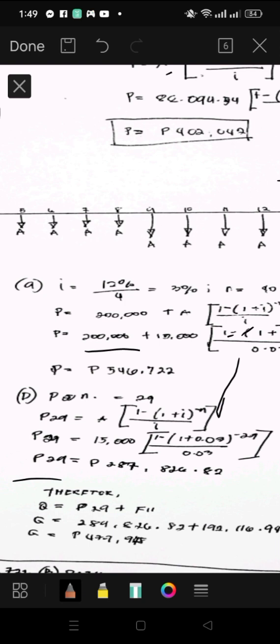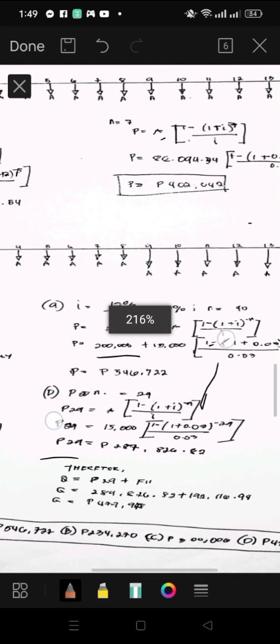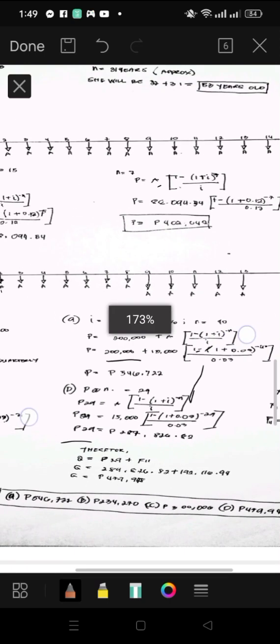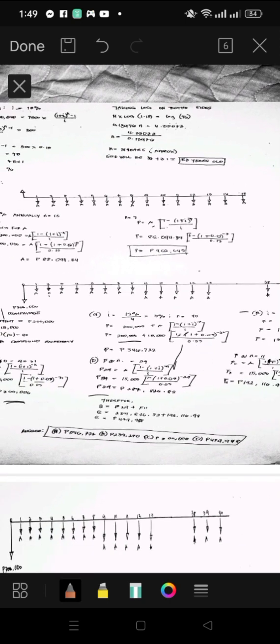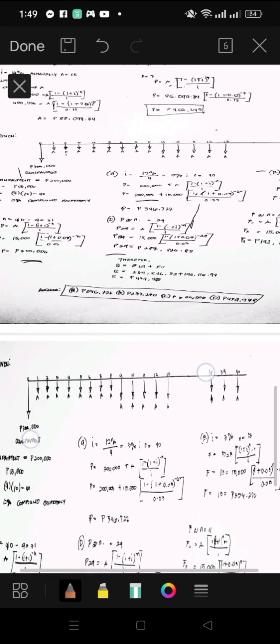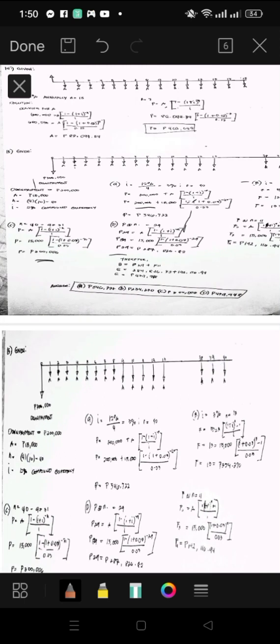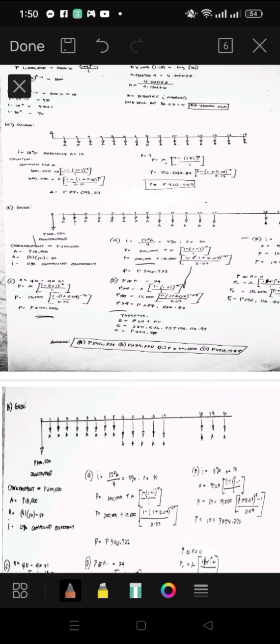So therefore our Q is P29 plus F11. So the present amount P29 is 289,826.82, plus F11, our future amount, is 192,116.94.